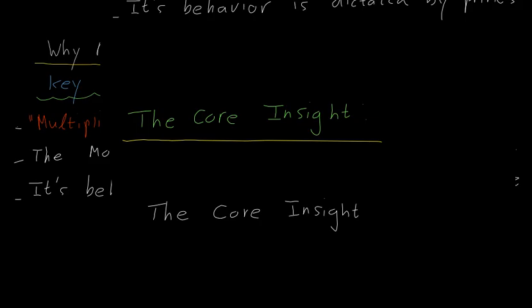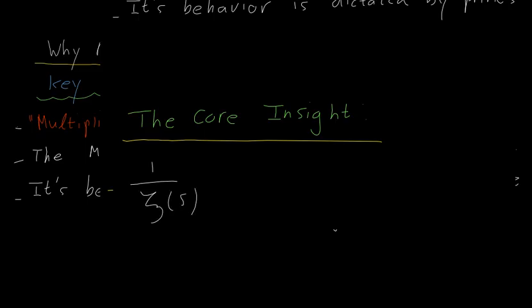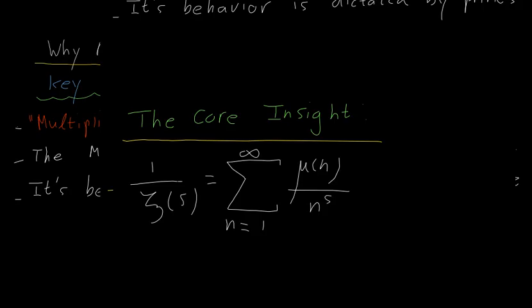So let me write here: 1 over zeta of s is equivalent to the summation from n equals 1 to infinity of the Mobius function mu of n divided by n to the power of s, where s has to be strictly greater than 1.